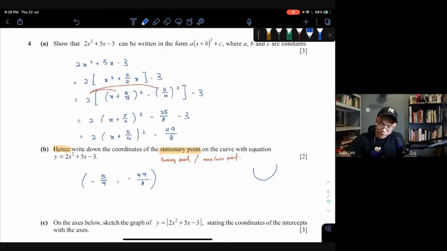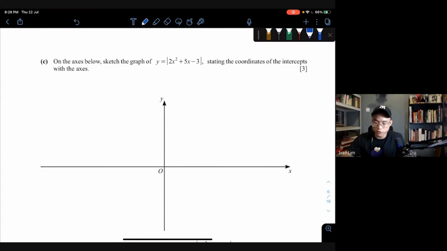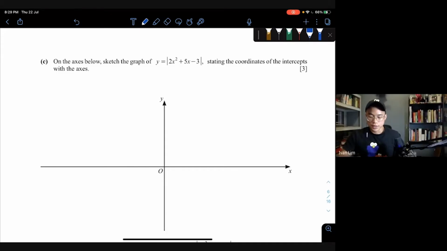Next one. On the axis below, sketch the graph of y equals modulus of 2x squared plus 5x minus 3, stating the coordinates of the intercepts with the axes. The method that I taught you all is the SIM method. Always determine what's your shape first, then determine your intercepts, then find your maximum or minimum point.